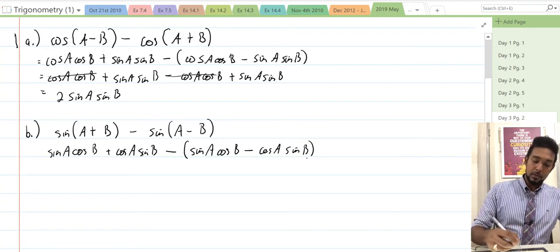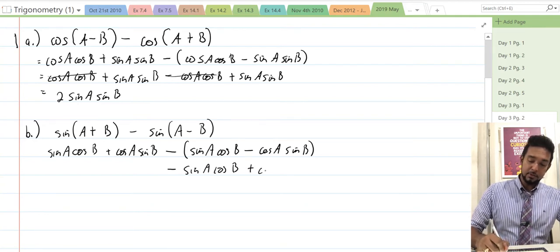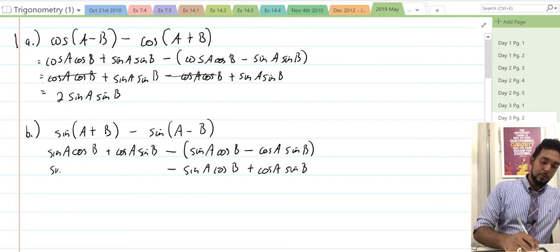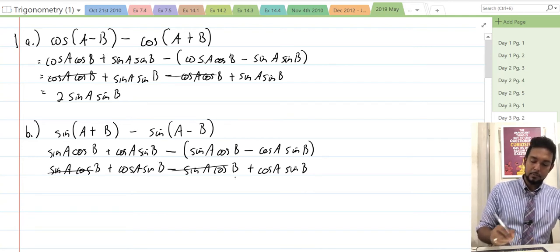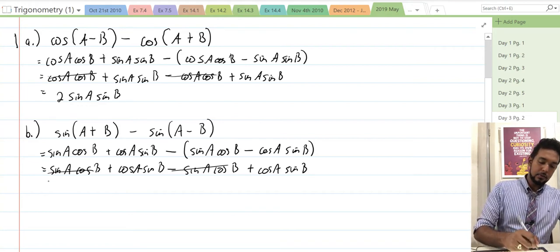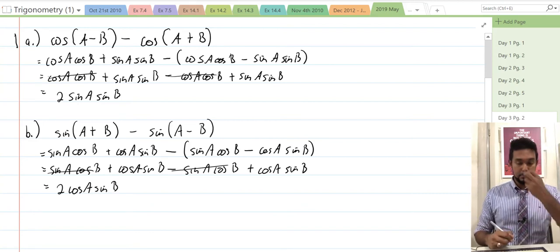When we drop the brackets, the sine a cos b will become negative, the minus cos a sine b will become positive, which means that the sine a cos b items will cancel out and the cos a sine b items will combine. So you're going to get 2 cos a sine b.